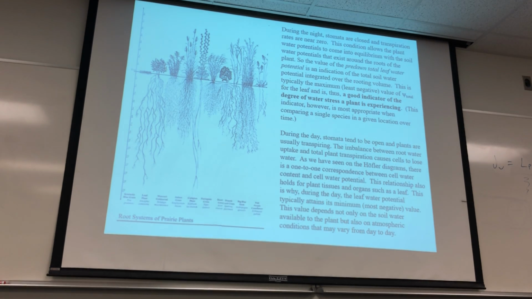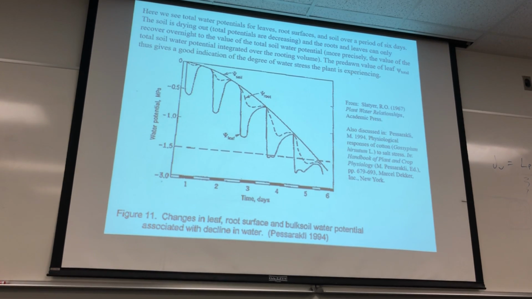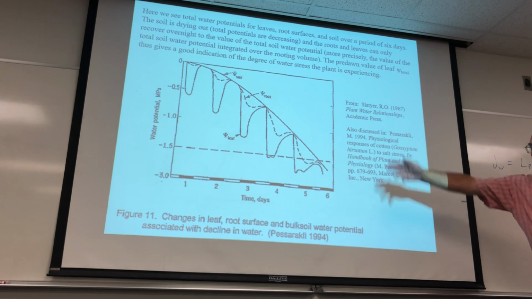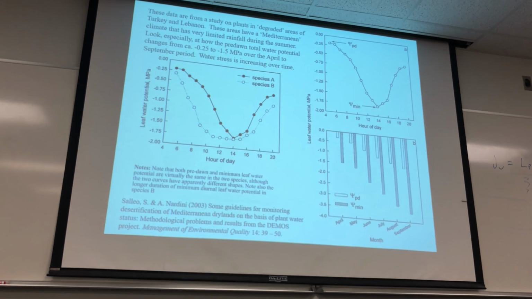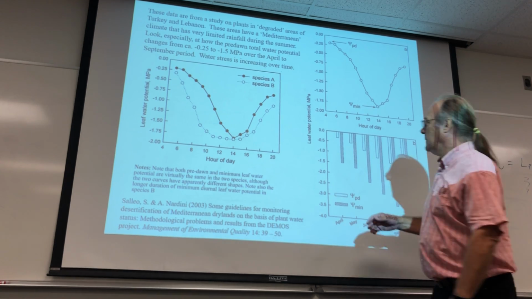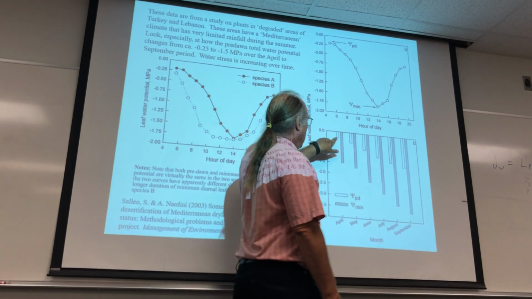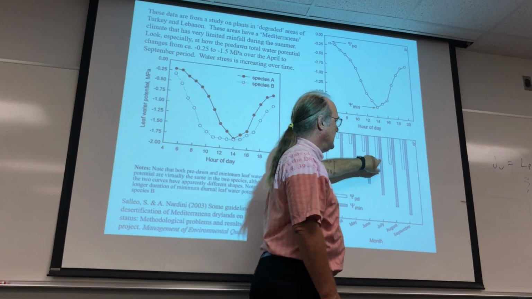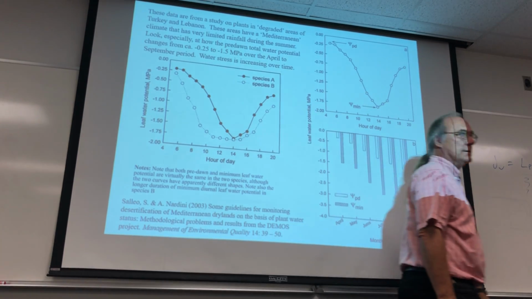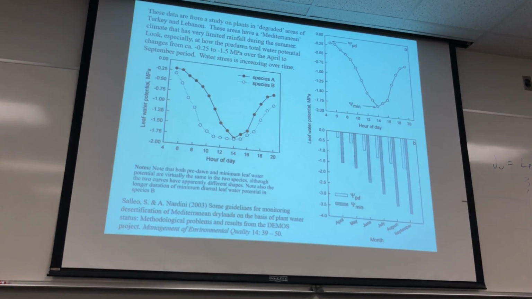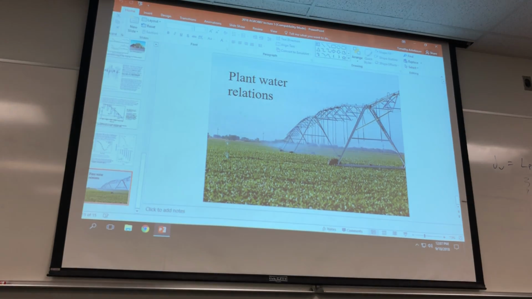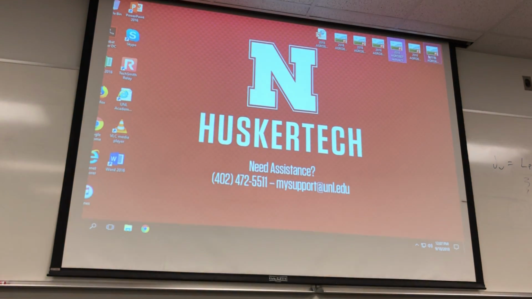That's where its water potential is closest to zero. And here's how, over the course of a season, this pre-dawn value decreases as the soil dries out.